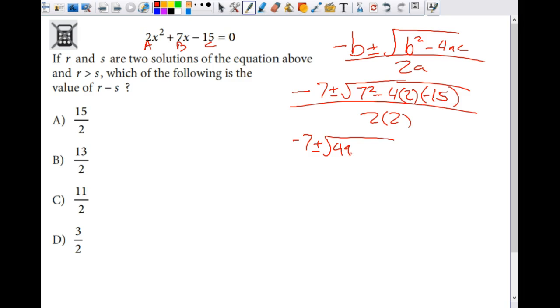How do you know that? Well, we know 3 times 4 is 12. Add a 0 in. So negative 120. Remember, it's negative 120, though, divided by 4. Well, minus a negative is the same thing as plus, right? Negative 7 plus or minus the square root of these two added together, which is 169.